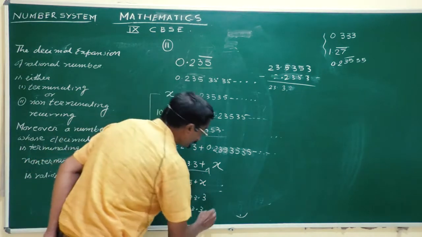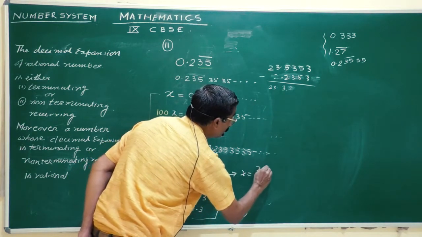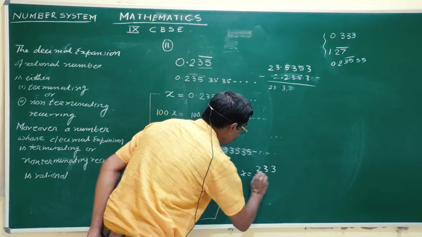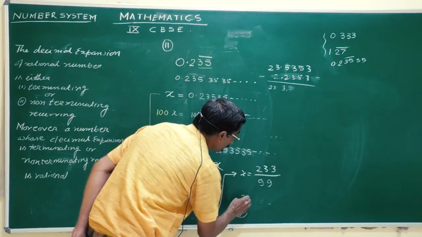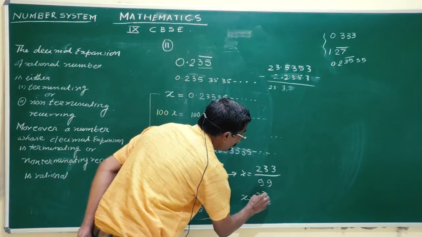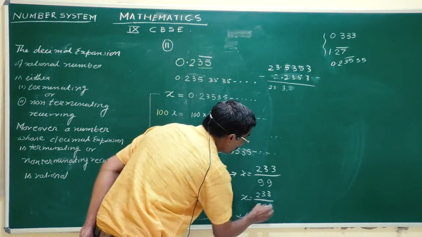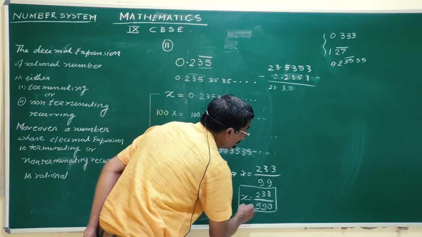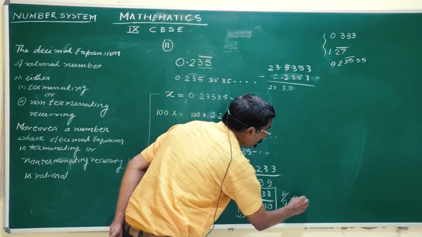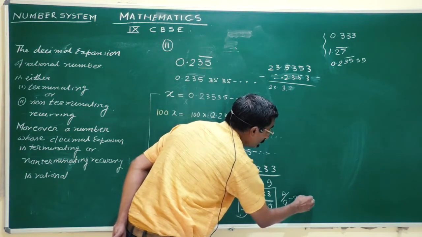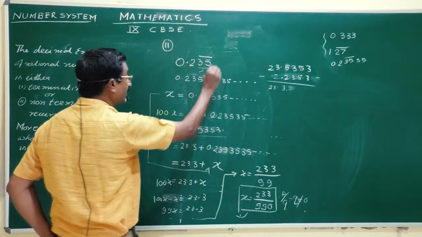So x is equal to 23.3 upon 99. So x is equal to 233 upon 990. So this is again in the form of P by Q, where Q is not equal to 0. So like this we can rationalize the number.